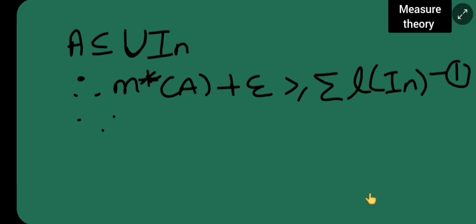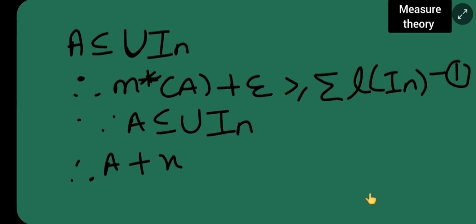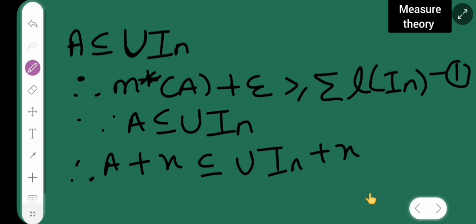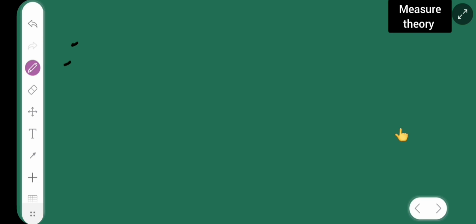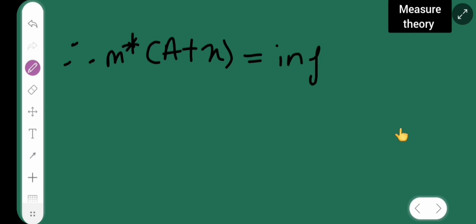Since A is a subset of the union of I_n, A plus x is a subset of the union of I_n plus x. Therefore m star of A plus x, the outer measure of A plus x, is equal to the infimum of the summation of the length of I_n plus x.